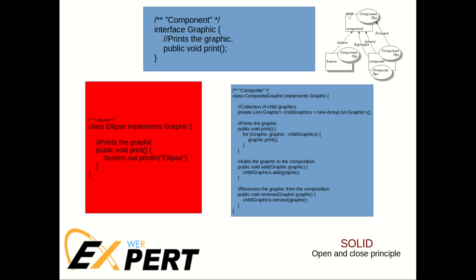Now, in this case, we have to consider the SOLID principles, open and closed. If a small part needs to contain a part and we do not implement all the functions the same in the composite and the normal objects, we will face a problem with adding parts to our part or folder.